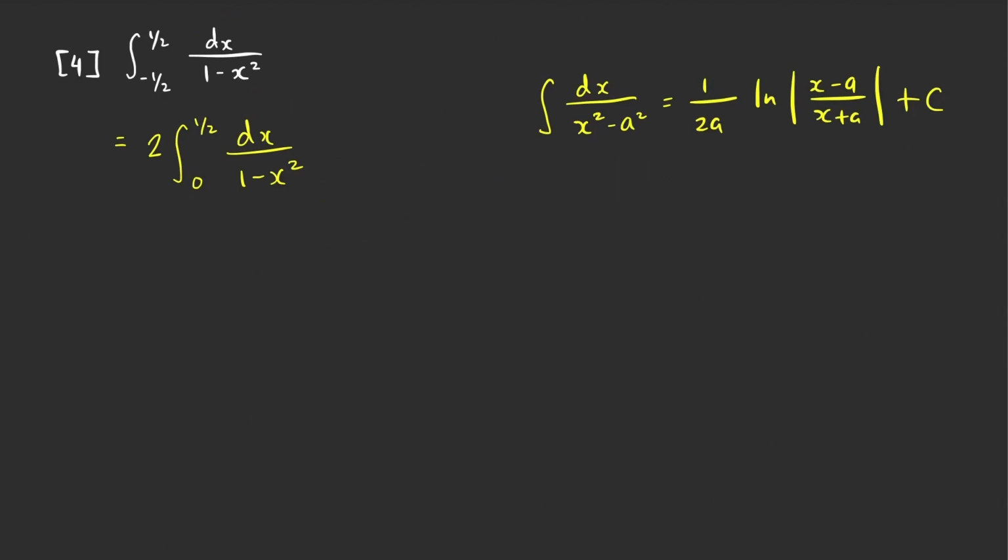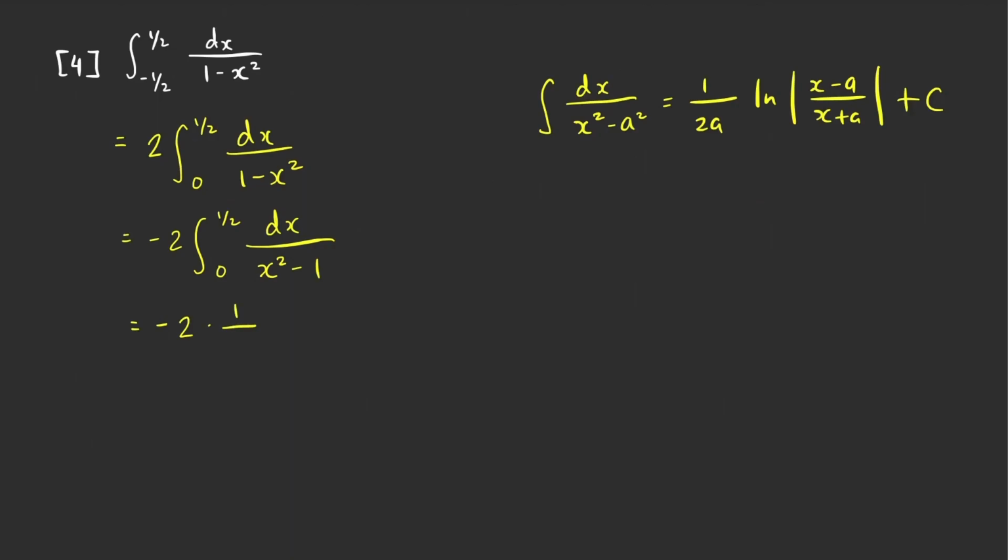Now, if we want to use this integration formula, then we need to write this down as negative 2 times the integral from 0 to 1 half, and then dx over x squared minus 1. So we factor out the negative sign in the denominator. And in this case, using the formula, you can write this down as negative 2 times 1 over 2a.